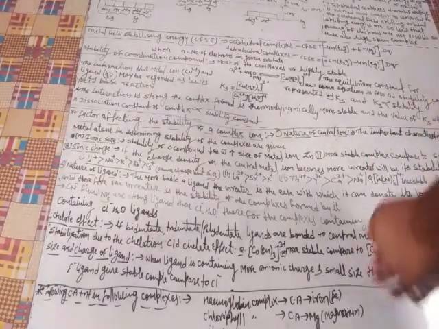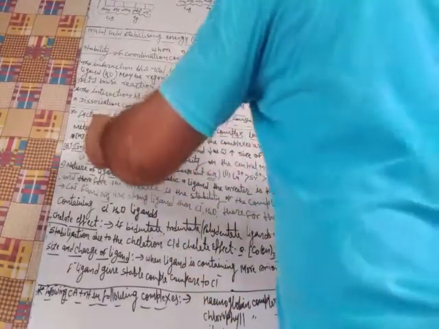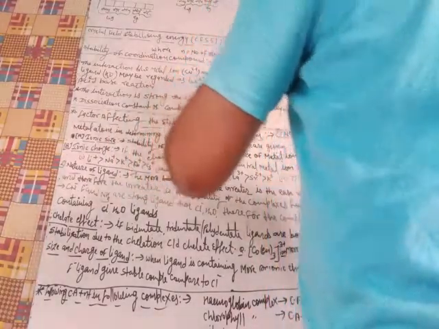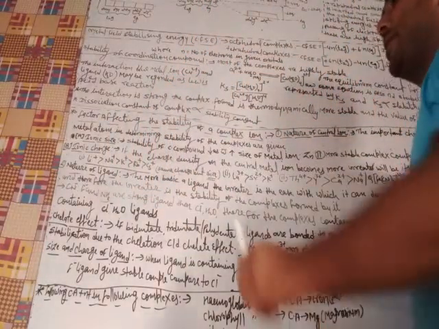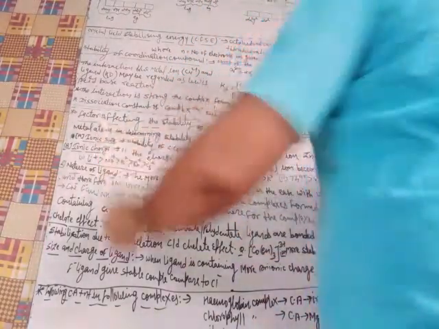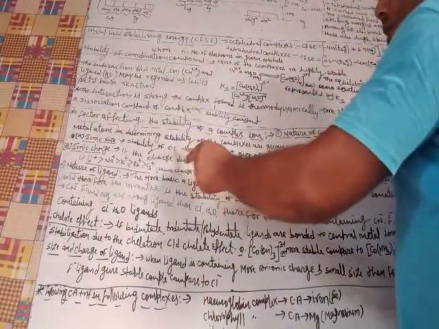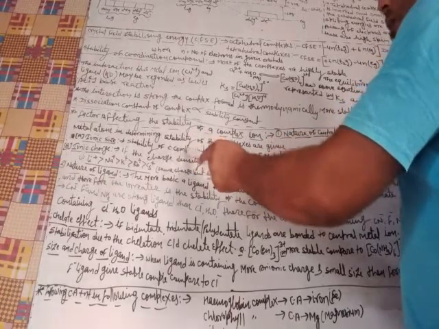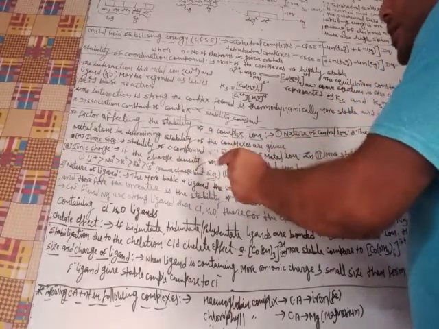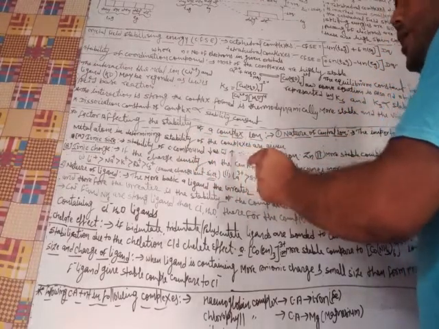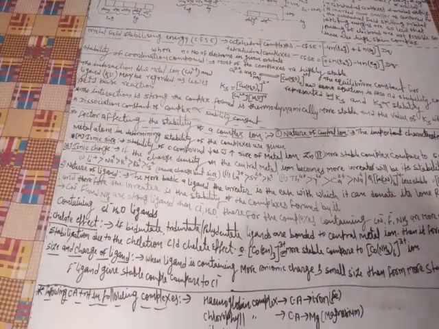The important characteristics of the metal atom in determining the stability of complexes are as follows. First, ionic size. The stability of a coordination compound decreases with increasing size of the metal ion.